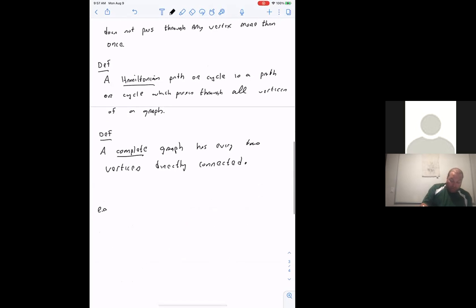So here's an example of a complete graph. Let's draw the one with 5 vertices.